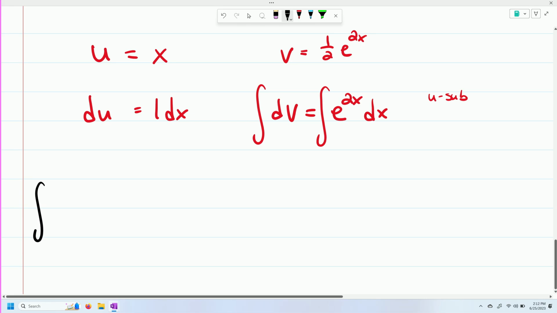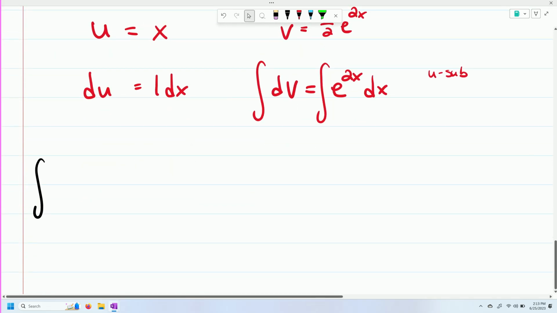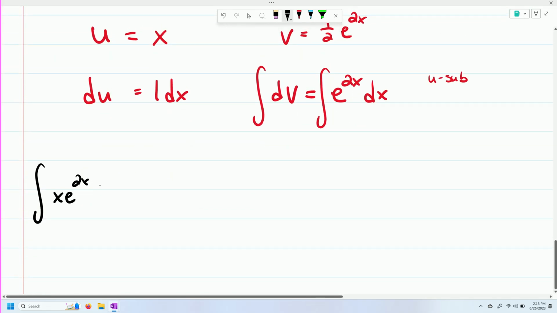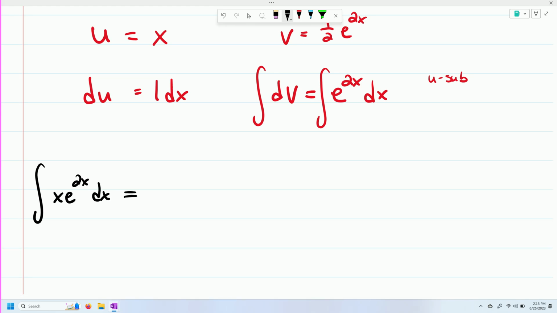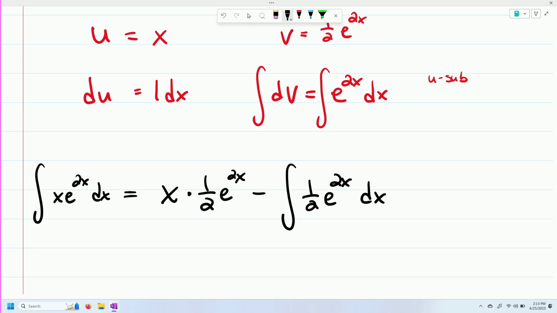The integral of x e to the 2x dx is going to equal uv, x times 1/2 e to the 2x, minus the integral of v du, so that's 1/2 e to the 2x dx.